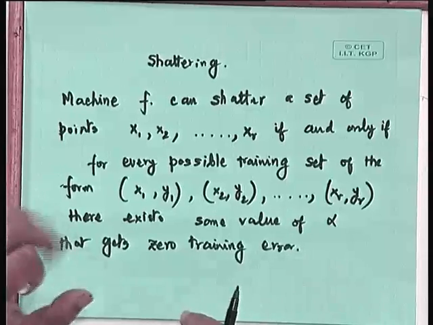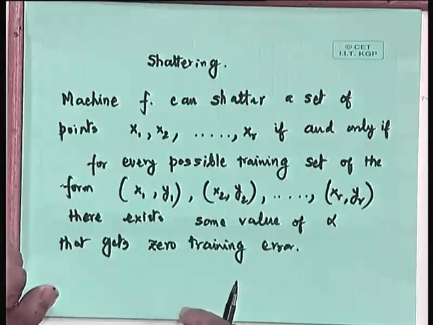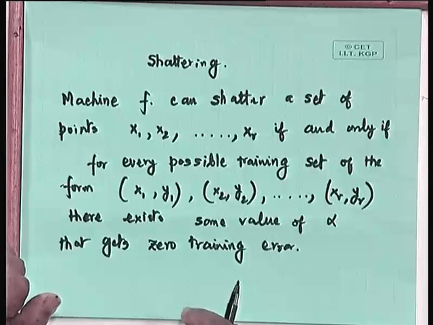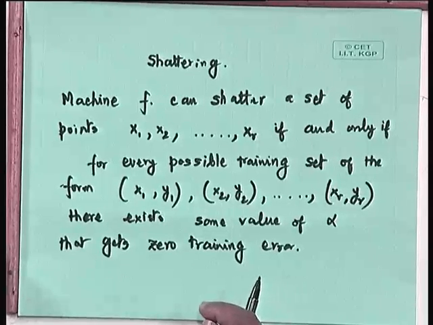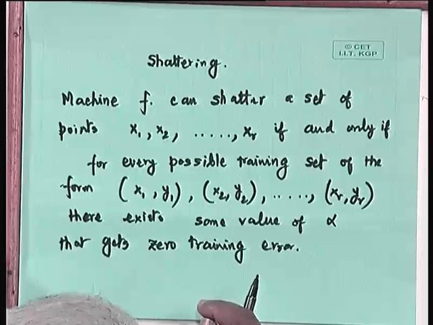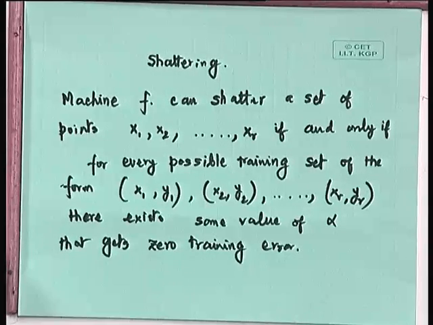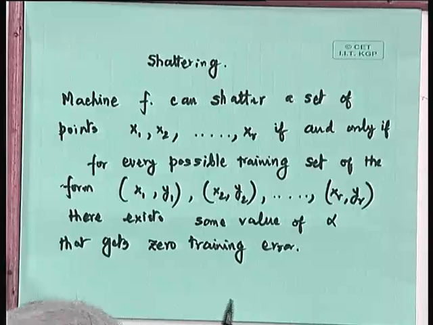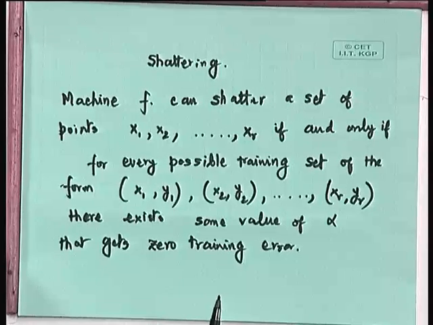Now, you see our objective is to have as minimum training error as possible. If possible, we will try to have 0 error. In fact, 0 training error is definitely going to be our objective, that there should not be any error while at least training the system.